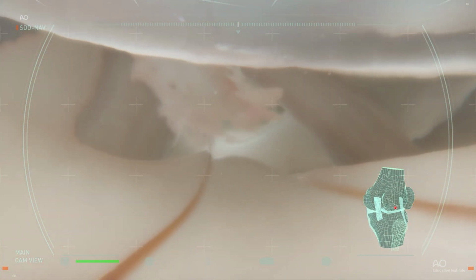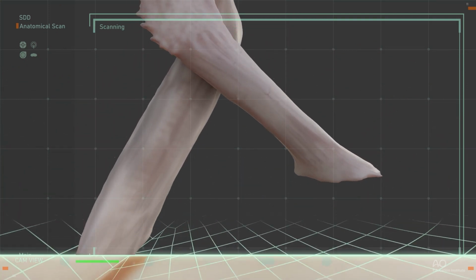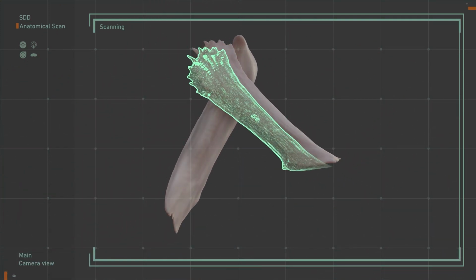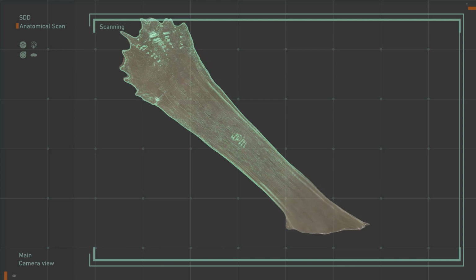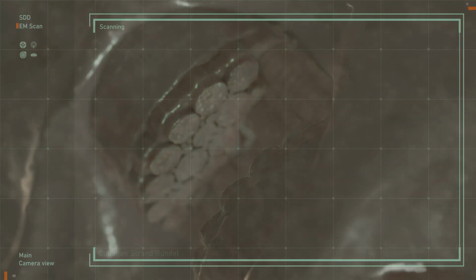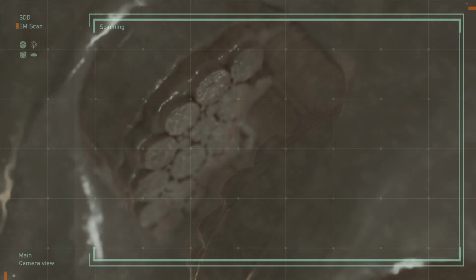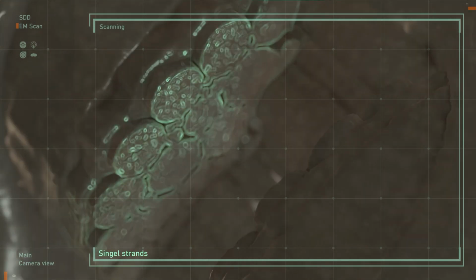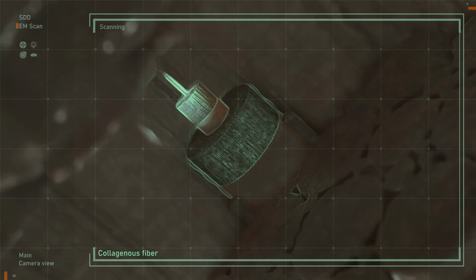Anatomical scan. Collagen structure of the cruciate ligaments. Collagen strand bundle. Single strands. Collagenous fiber. Fibril.